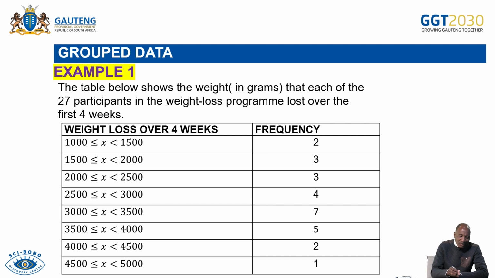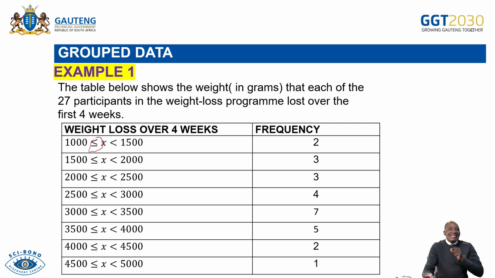The first class indicates that 1,500 is not accommodated in it because it says x is greater or equal to 1,000, meaning any person who lost 1,000 grams will qualify into that particular class. Otherwise, a person who lost 1,500 grams can't be found in the first class because that class is restrictive.